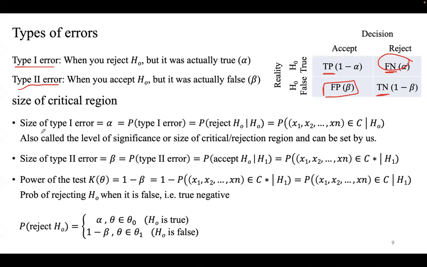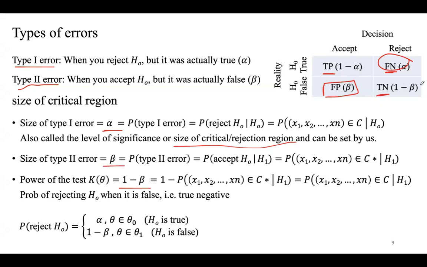Again, alpha here is actually the size of the critical region, as we saw in the last slide. And beta is the opposite. The power of the test is 1 minus beta.